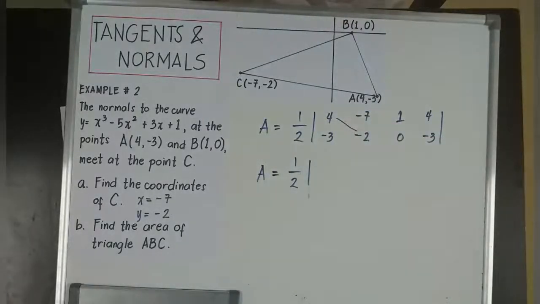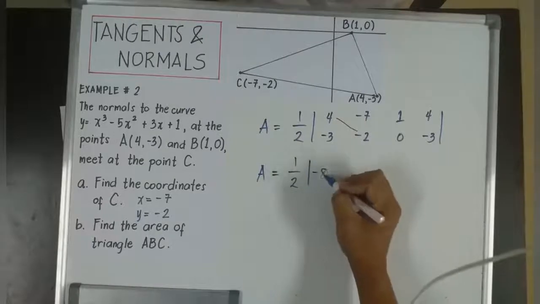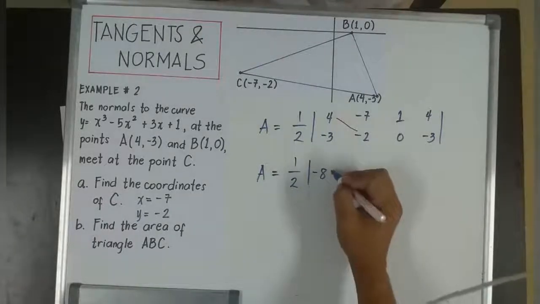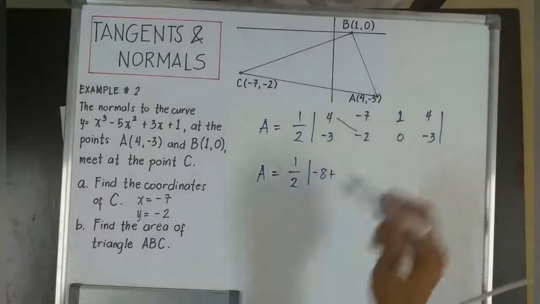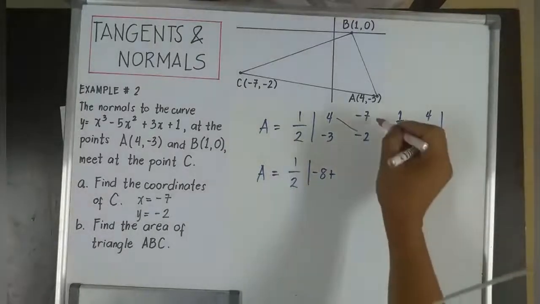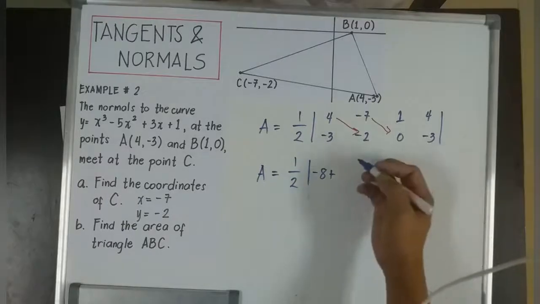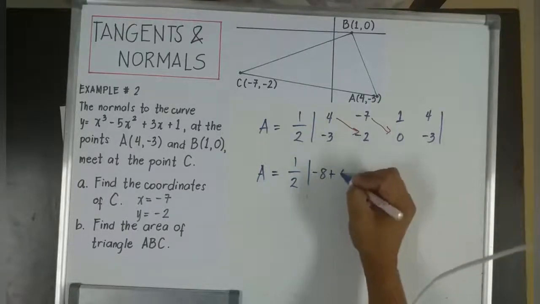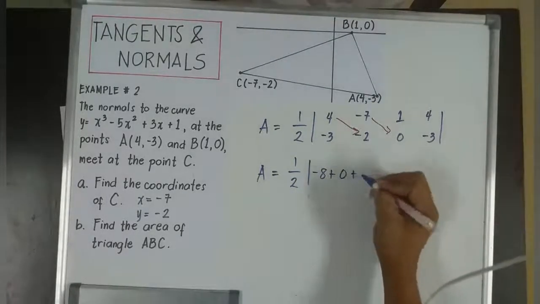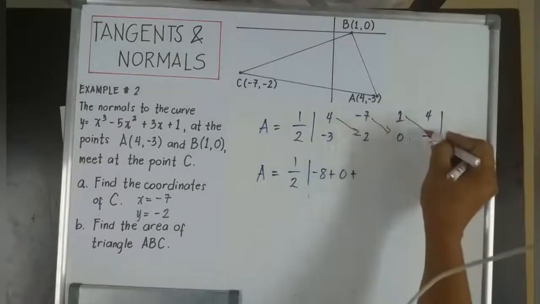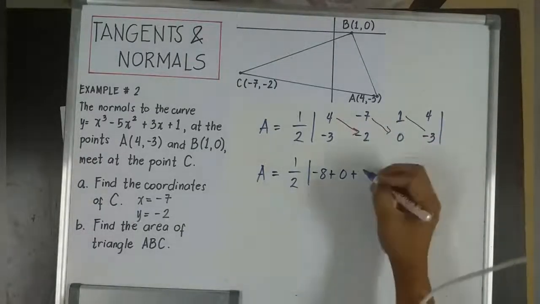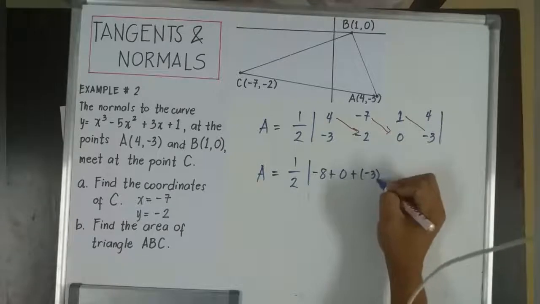What is 4 times negative 2? Is negative 8. Plus negative 7 times 0 is negative 0, but you just put 0. Then you add again 1 times negative 3 is negative 3.